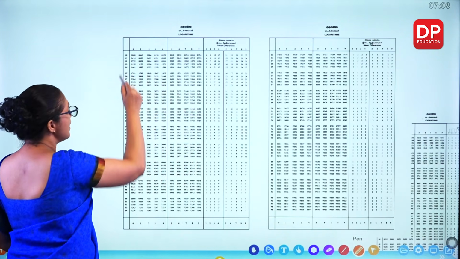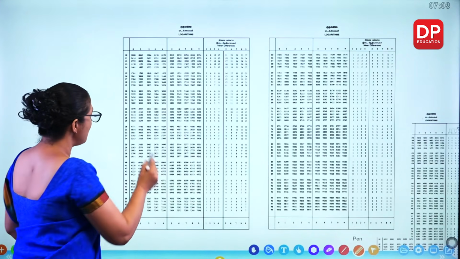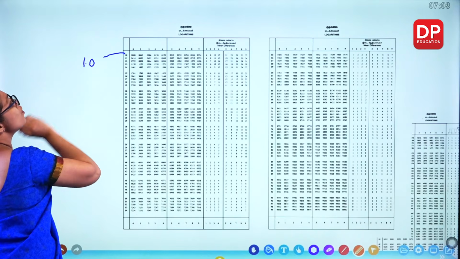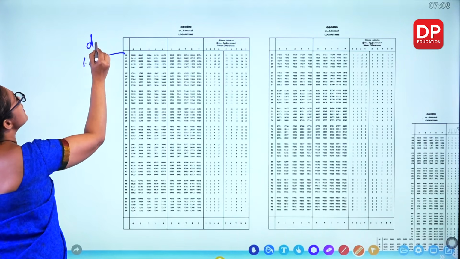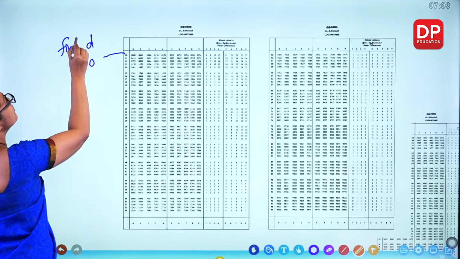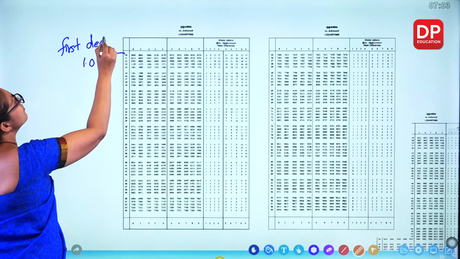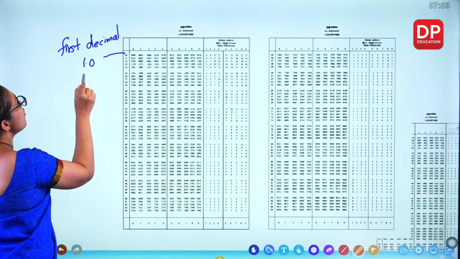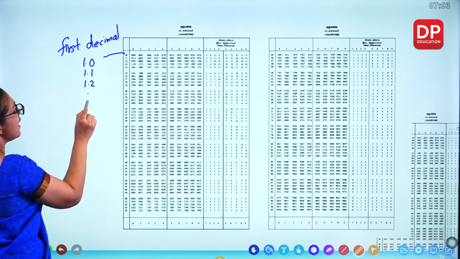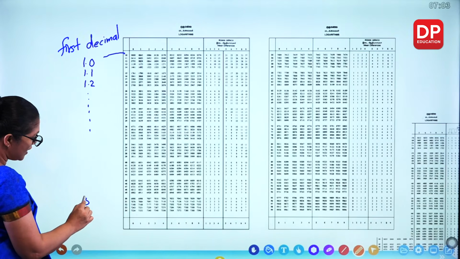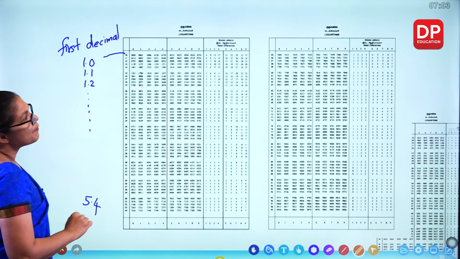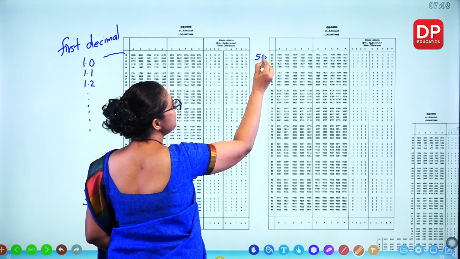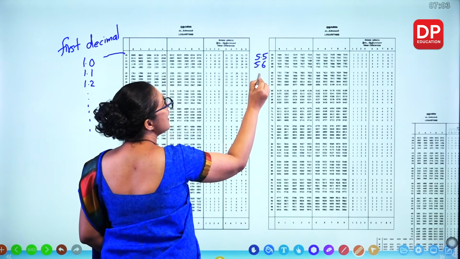Numbers are there. So here in the first column, we say this is correct to the first decimal place. I'll write first decimal from the first column. So here 1.0, 1.1, 1.2 like that. Here 5.4. When you take the other table, this is 5.5, 5.6 like that.